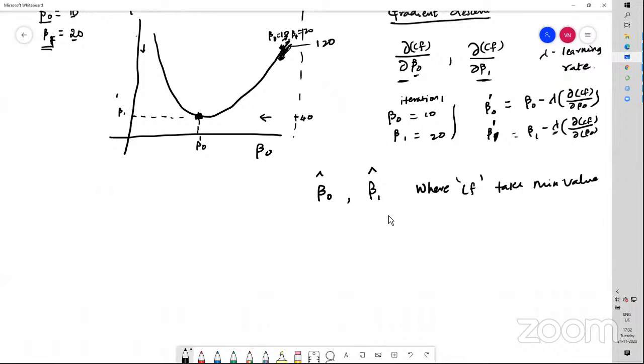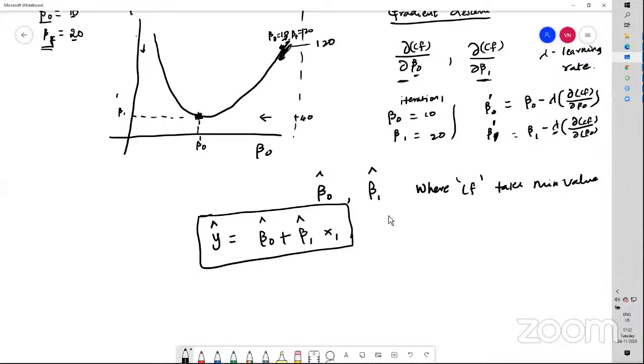Now in future, if you want to find the values of y hat, we can simply use beta naught plus beta 1 times x1. So this is exactly what we call learning.